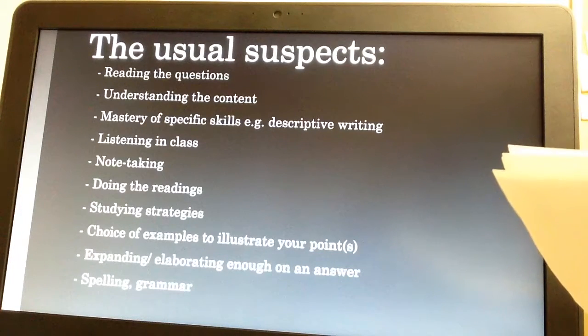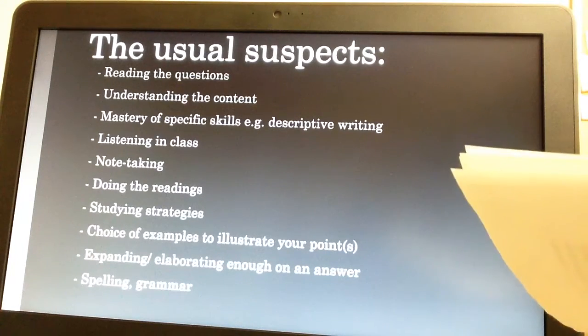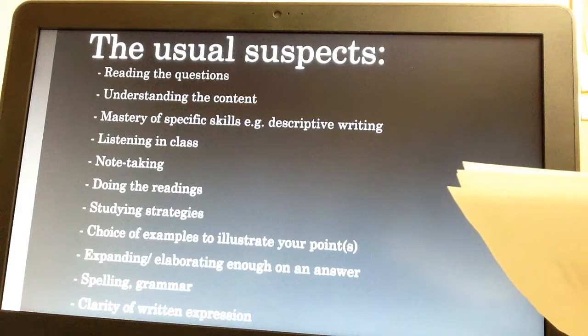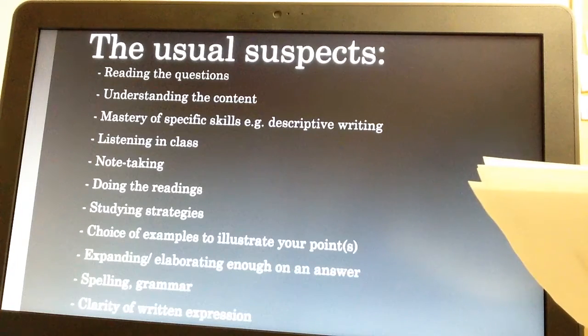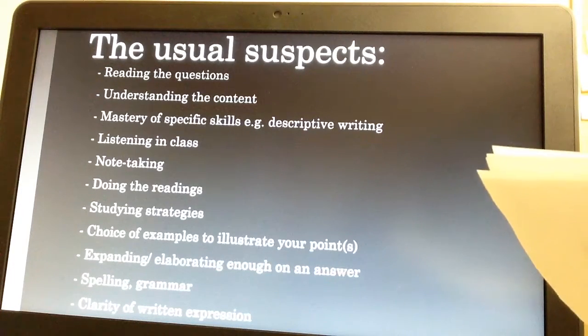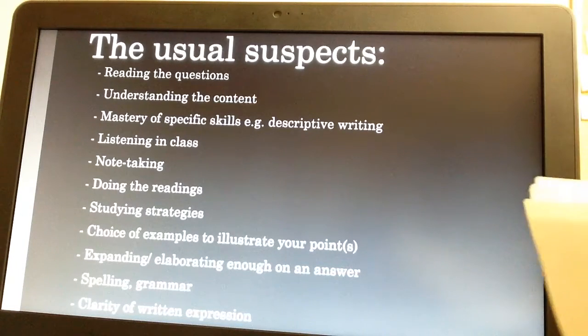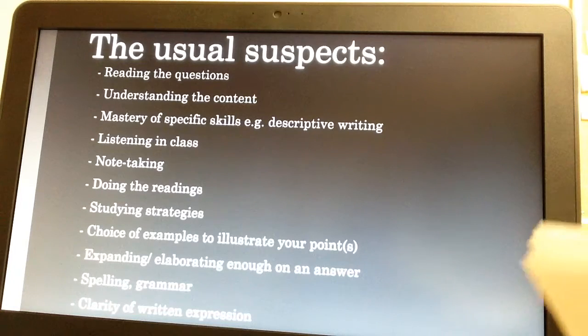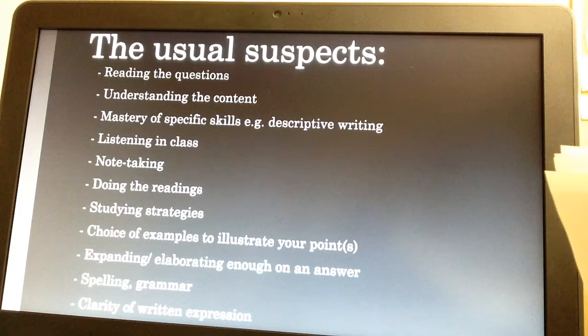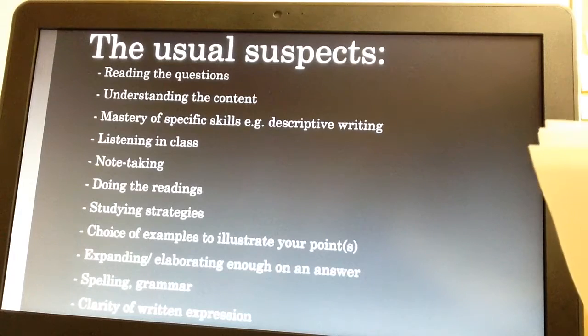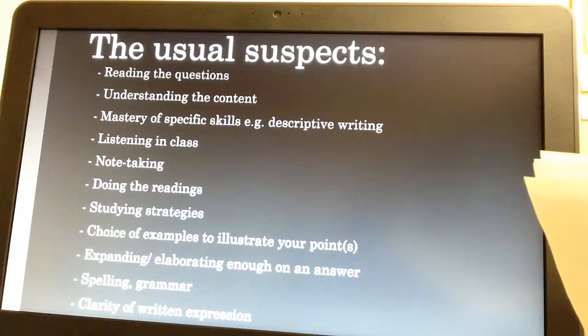Sometimes it's even more basic than that, spelling, grammar problems that have made you lose marks, or the overall clarity of your written expression. This is a list of what I've called the usual suspects, things that students might struggle with that could lead to a lower mark or a lower success rate on an assignment or a test.